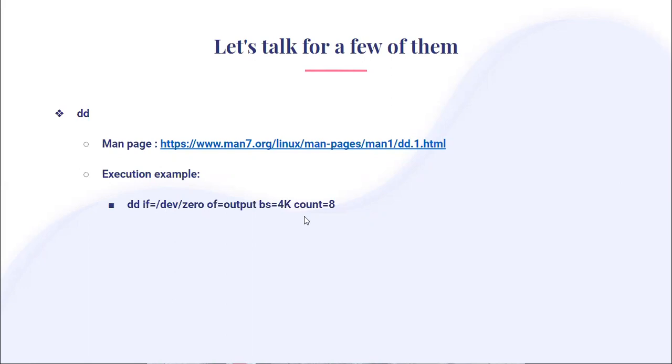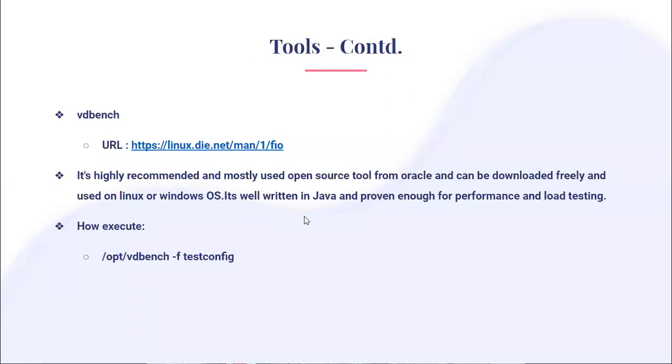That's one. Second, which I highly recommend, is VDBench. It is widely used, the most used open source tool from Oracle. It can be downloaded freely and used cross-platform, on Linux as well as on Windows. I'll show you the execution part, and how I create a test file.